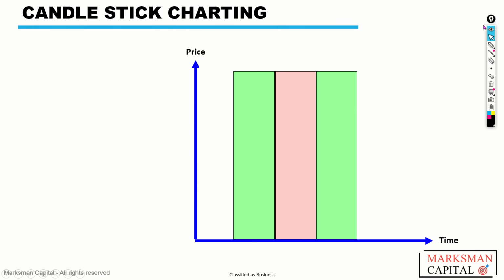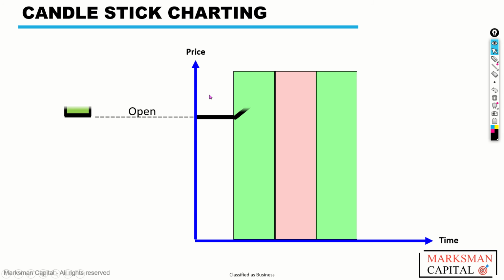If we look at a regular bearish candlestick, it starts off with an opening price, and let's say this is the entire day session. This is the open, and then the price goes up as the bulls try to bring the price higher. They couldn't go any higher, and this is where the bears come in and start to reject the price.